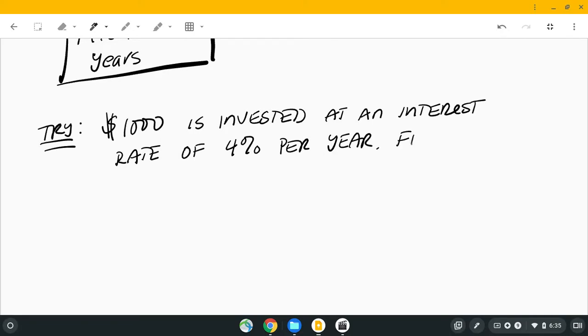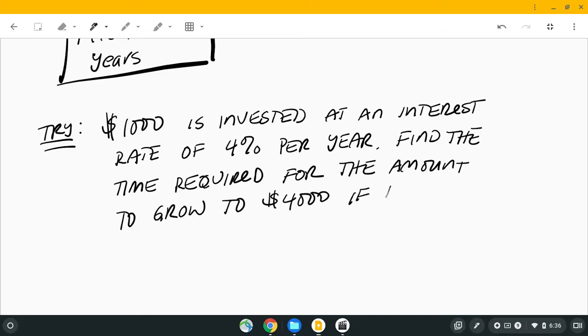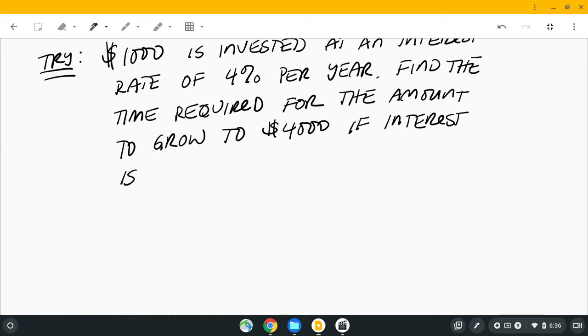Find the time required for the amount to grow to $4,000 if interest is compounded continuously.